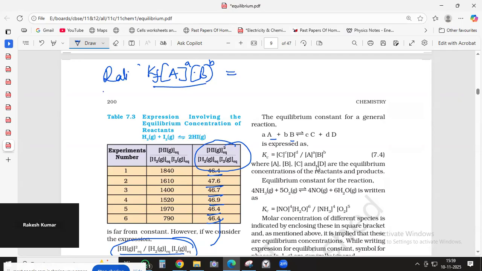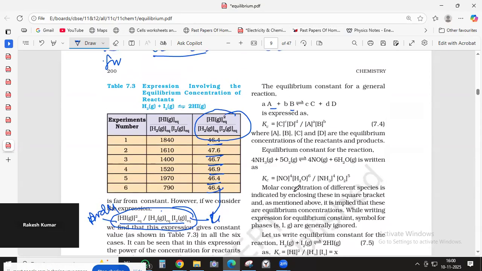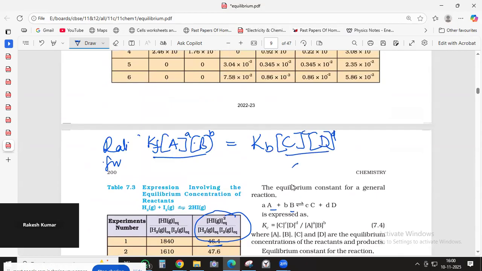That is what happens. This is the forward reaction rate, and the backward reaction rate is Kb into C into D. Now, if you see this formula, this has got product over reactants. So I'm going to do the same thing here. These are the products, C and D, and if you divide this by AB, you get KF by KB.